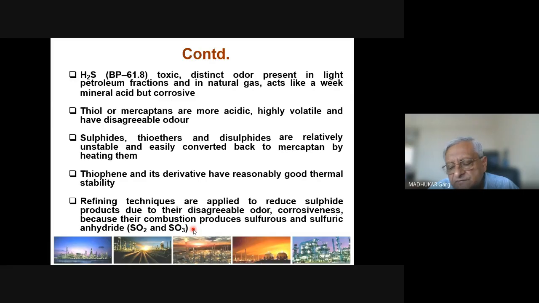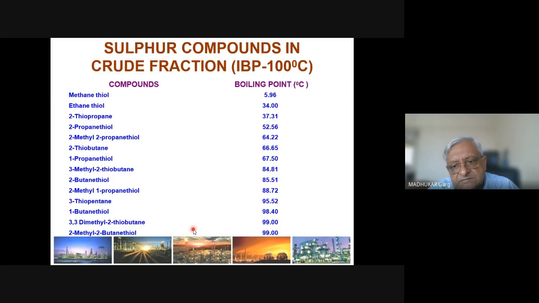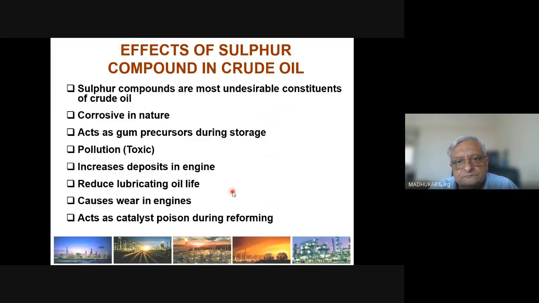Otherwise, that sulfur can affect the catalyst. So these are the sulfur compounds and their boiling range, just to give you an idea what kind of thiols are present here.